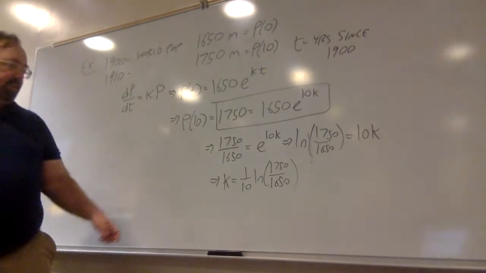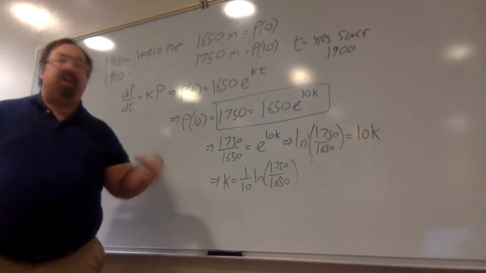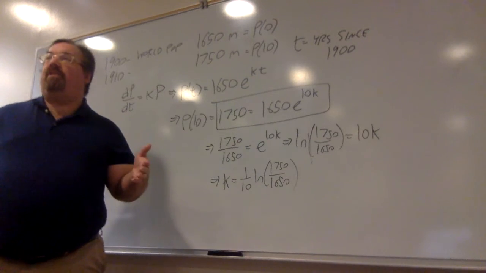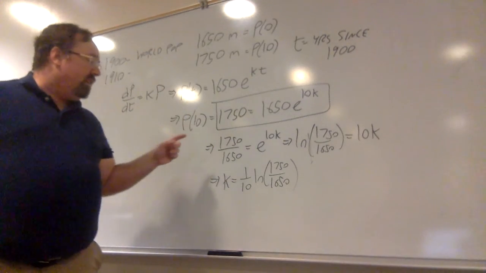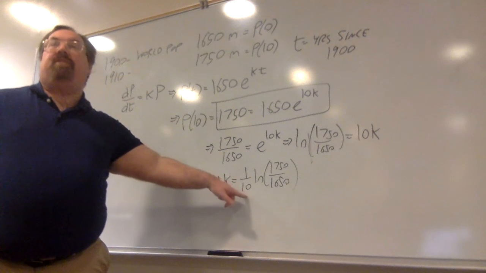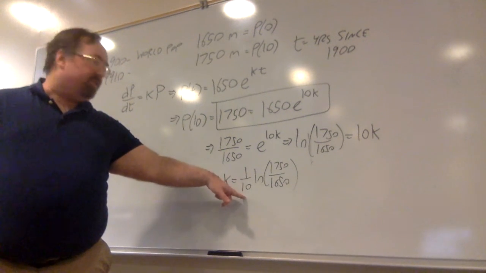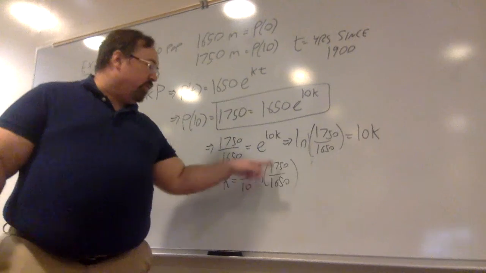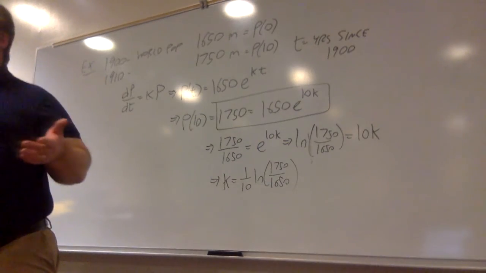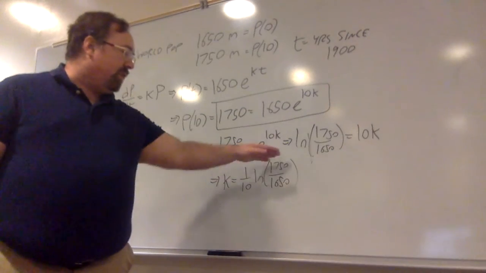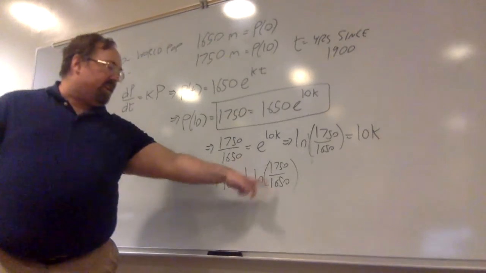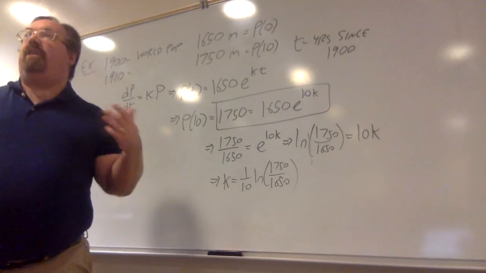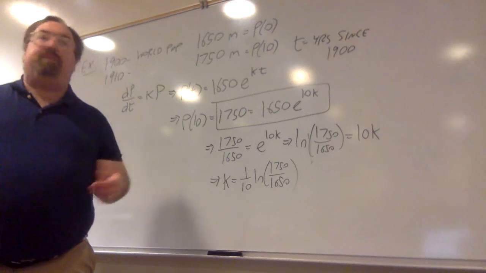1750 over 1650. So in general, if you know your solution at 2 different times, like these 2 times here, then what goes down here is the difference of those 2 times, so 10 years. And then you have a ratio of the population values, so the later one over the earlier one. Since this quantity that we're taking the log of is greater than 1, the log is going to be positive.